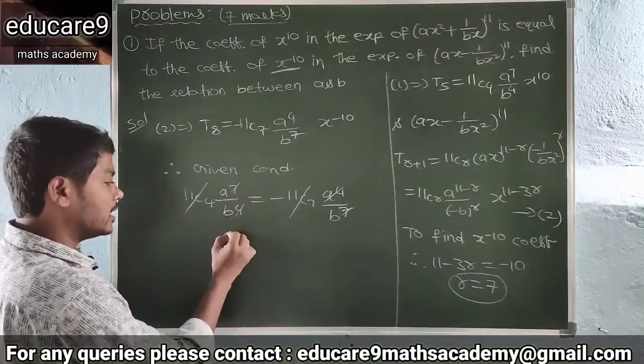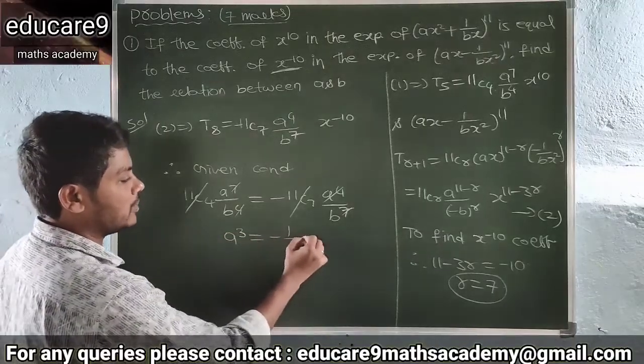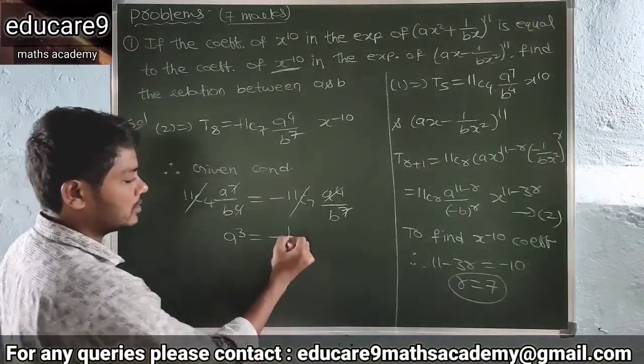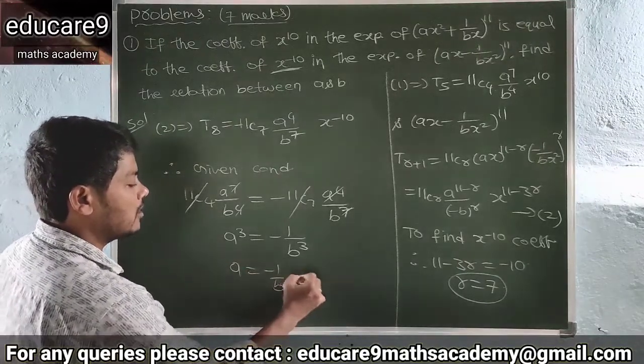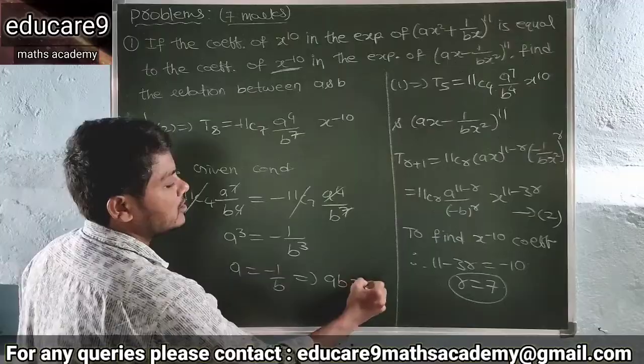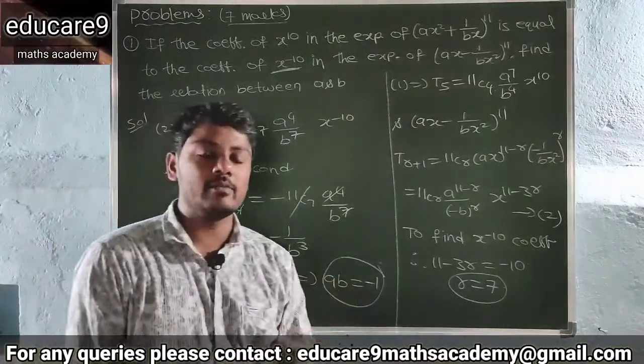Now what you get is a^3 = −1/b^3. So clearly a = −1/b. From this, ab = −1. So this is the relation between a and b.